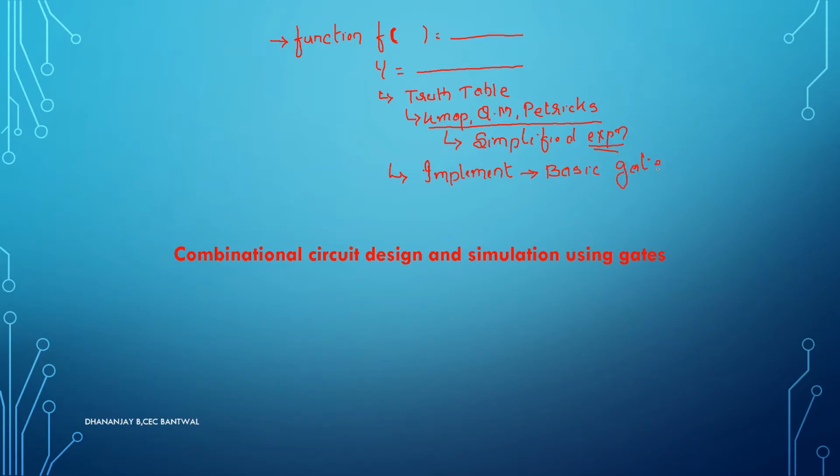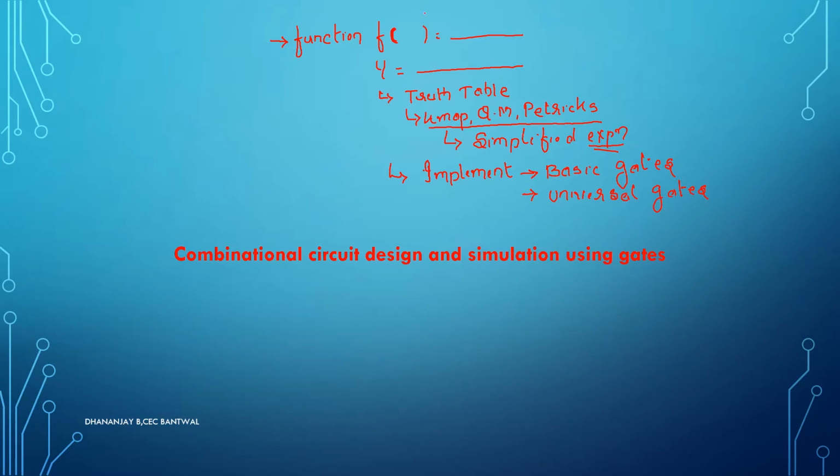And if you are good with the simplification rules and laws of logic design, then you can upgrade your circuit, which was rigged up using basic gates, to universal gates. You can rig it up using universal gates also.